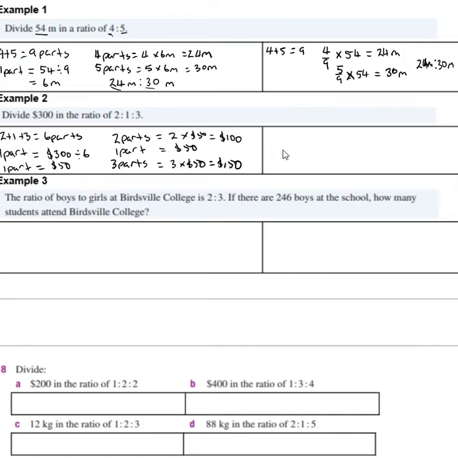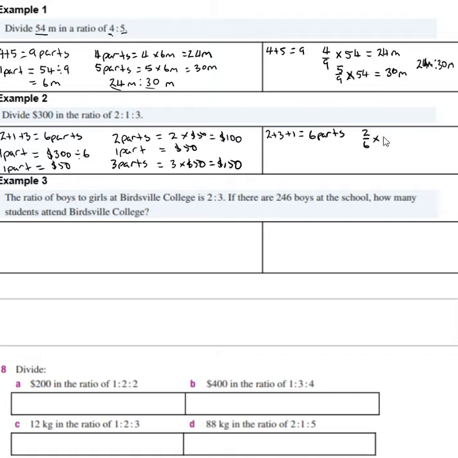Right, let's do the fraction method, and just like we did at the top, we've got our 2 plus 1 plus 3, not the right order, but that's okay, 6 parts to the money. So that means our 2 represents 2/6 of the money.